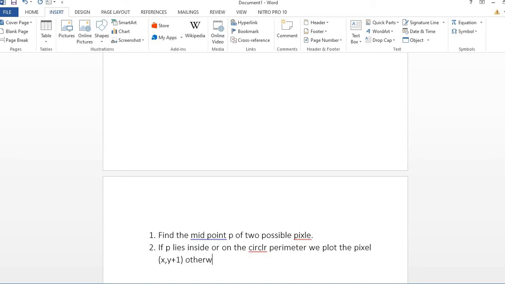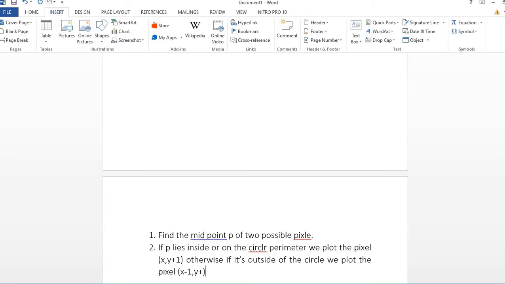Otherwise, if it is outside of the circle, we plot the pixel x minus 1, y plus 1.